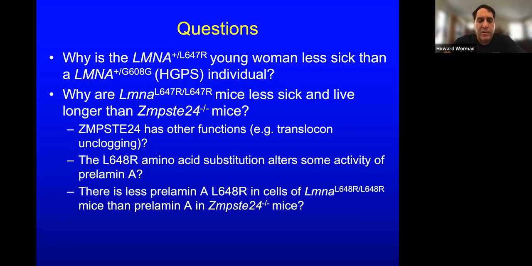Could pre-Lamin A with one single amino acid change in its tail be doing something different than the normal pre-Lamin A? And another question, is there less pre-Lamin A in cells expressing this variant than the normal pre-Lamin A in these ZMPSTE24 minus cells? We don't think so based on how we look at it compared to expression of other things, but you never know if it's some problem with different avidity of the antibody or something else.